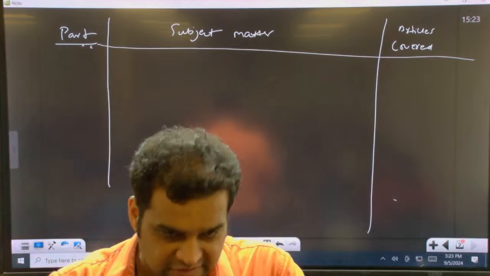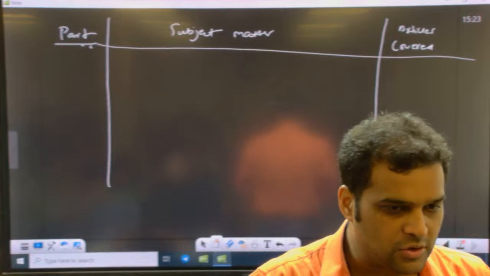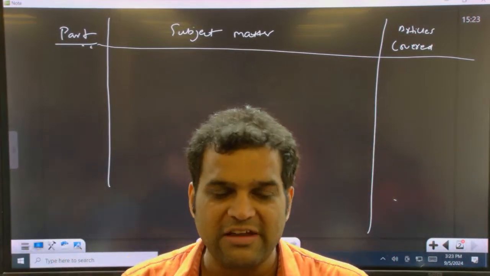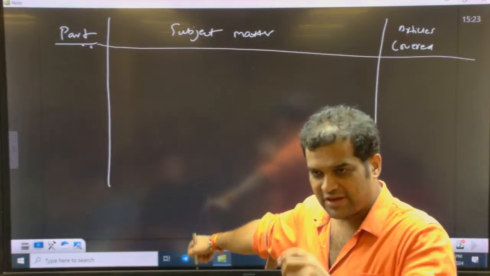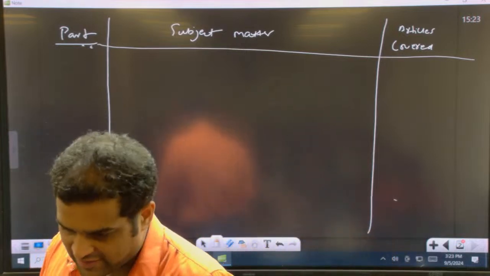In the original constitution, there were 395 articles. On 26th of November 1949, when the constitution was finally readied, it contained 395 articles.